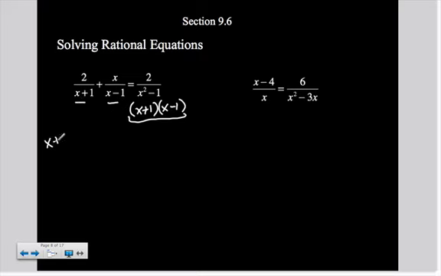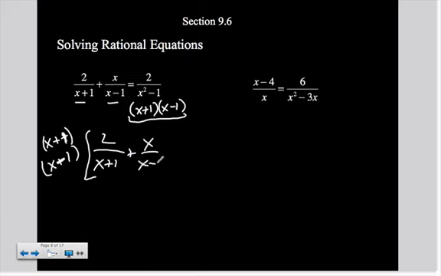If I multiply both sides of the equation by x times x minus 1, that of course is equal to x squared minus 1.